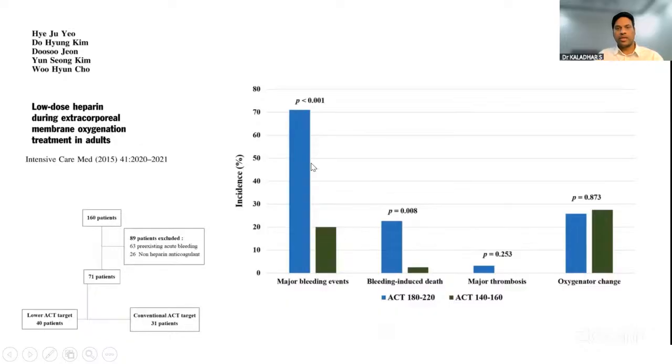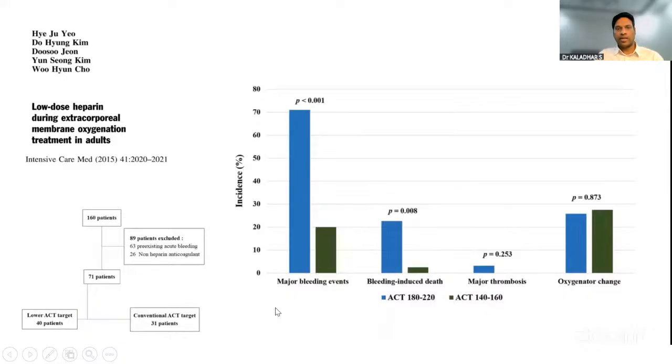It showed that major bleeding events are more with ACT between 180 to 220, and even bleeding-induced deaths are more. The mortality was higher, even though the p value is not very significant. Major thrombosis did not increase much with ACT 140 to 160. Oxygenator change did not occur frequently, even though ACT was maintained on the lesser side.